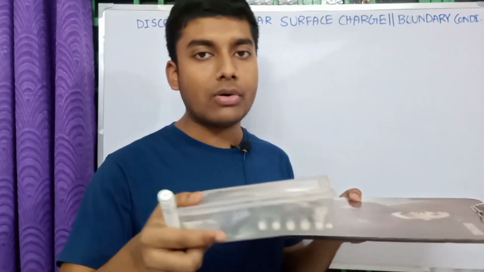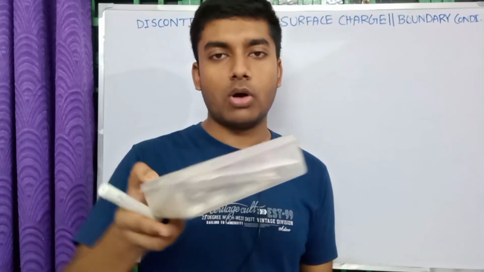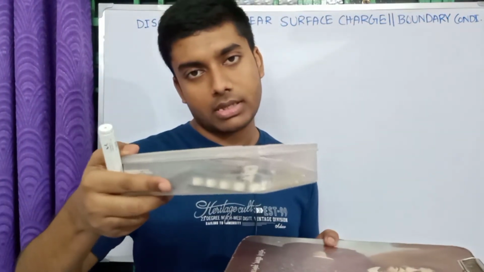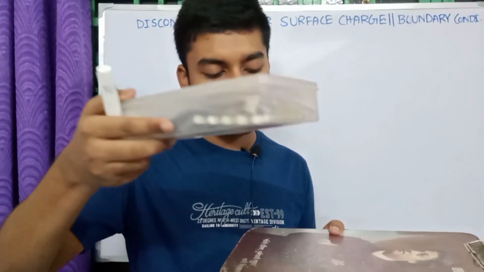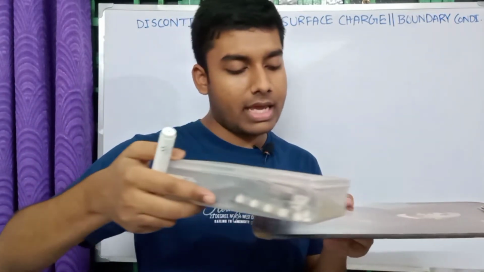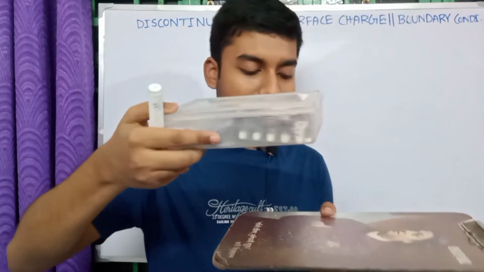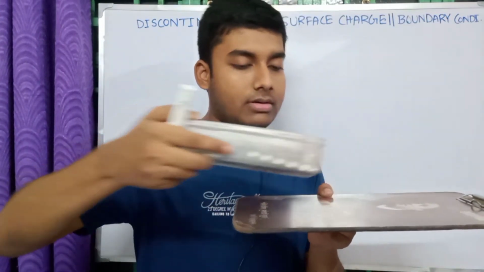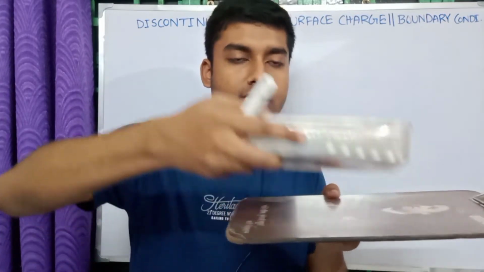What a Gaussian pillbox means: suppose this is a box. We are imagining an imaginary box like this in the surface, coinciding with it. I think you are understanding.